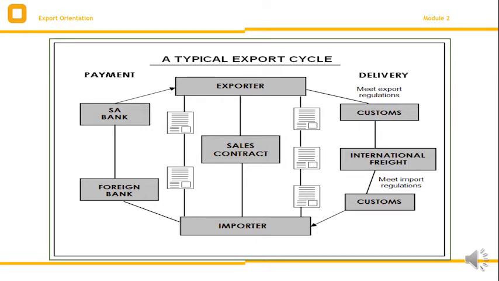Then the exporter's bank will transfer the documents to the importer's bank. And once the importer has paid for the goods and the documents, the importer's bank will give the importer the documents of the goods, then forward the payment back to the exporter. So that is how an export cycle works.